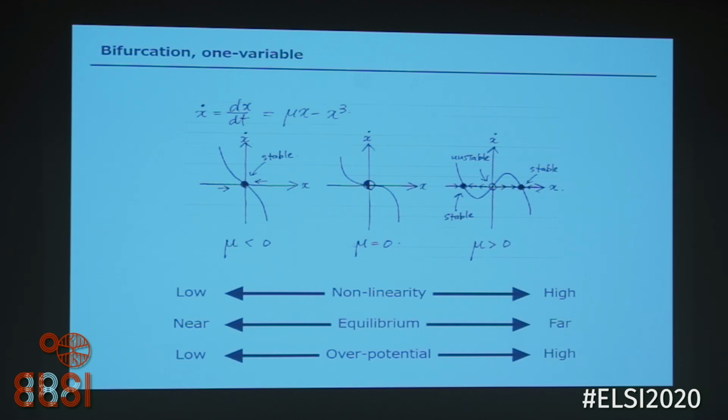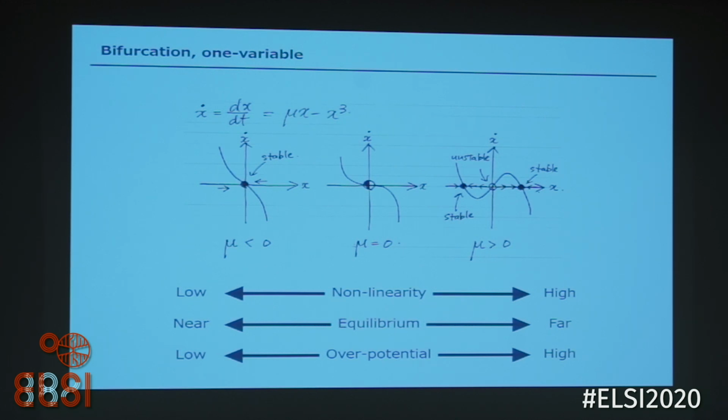So in general, the nonlinearity of the system increases when the state is far from equilibrium, right? If we look at this from an electrochemistry point of view, we have more chance to have multiple steady states when overpotential is very high. In other words, we have a chance to get dynamic orders far from equilibrium with strong nonlinearity.